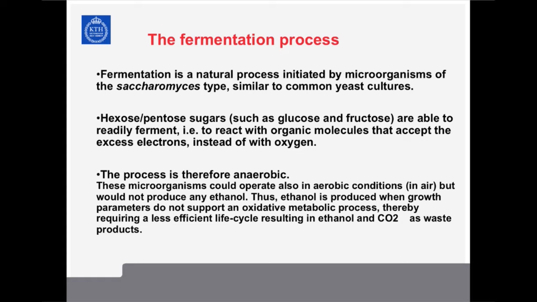You can use bread yeast as a fermenting initiator. Simple sugars, such as the ones found in fruits or in sugar beet or sugar cane, saccharose, glucose, fructose, can easily be treated via fermentation.